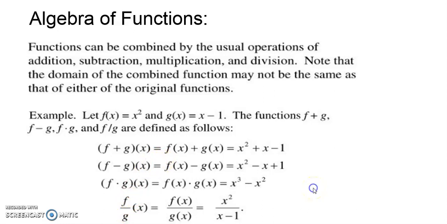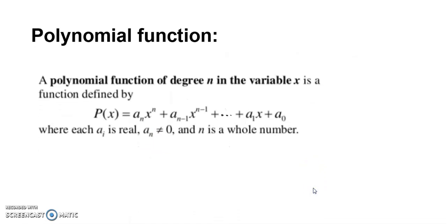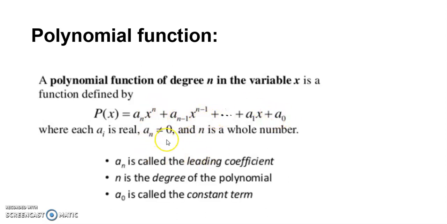The next function that we'll discuss is polynomial function. Now, what is a polynomial function? A polynomial function of degree n in the variable x is a function defined by p of x equal to a_n x to the power n plus a_(n minus 1) x to the power n minus 1, plus and so on till a_0, where n is a non-negative integer and a_n till a_0 are constants. If a_n is not equal to 0, then the integer n is called the degree of the polynomial.